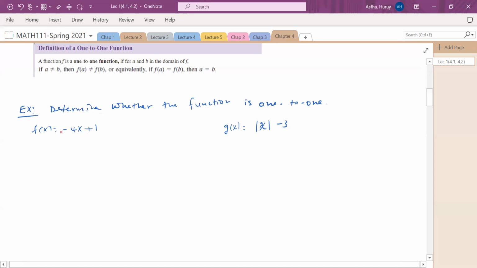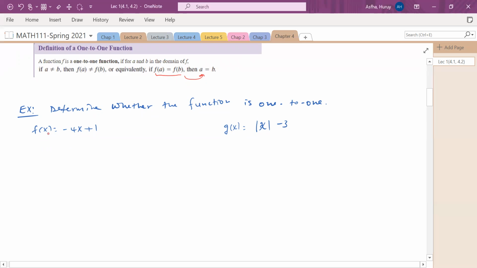Now, based on this definition, let's determine if these two functions are one-to-one or not. For the first one, we have f of x equals negative 4x plus 1. And by definition, if f of a equals f of b, this should imply a equals b. Okay, now let's start with this one. Let's pick a and b, any arbitrary elements.